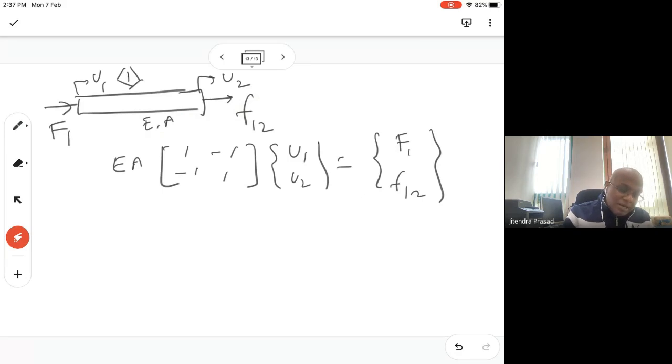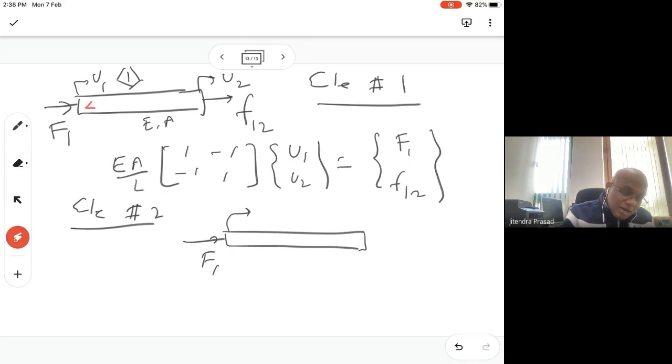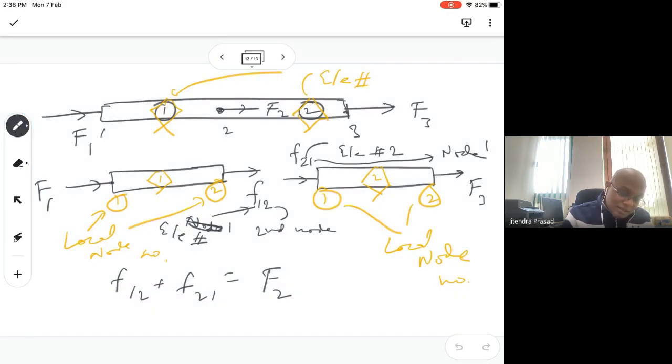Similarly, this is element number 1, element number 2. You can do the same kind of thing, this is F1, this is E over L. Your L could have been different, for example. So let's assume both are different lengths. This is L1 and this was L2.